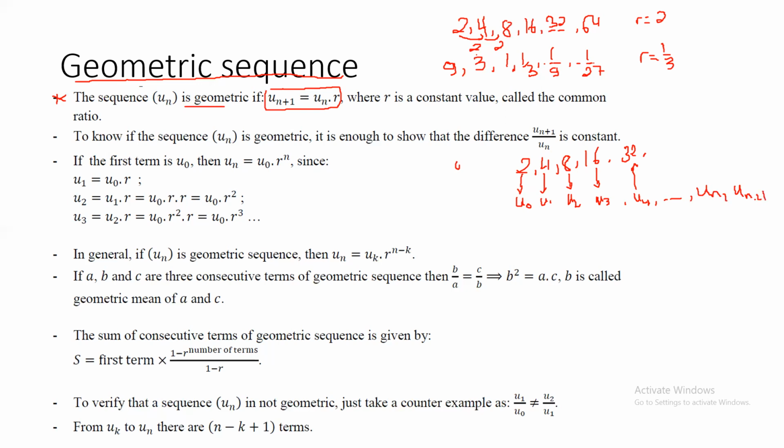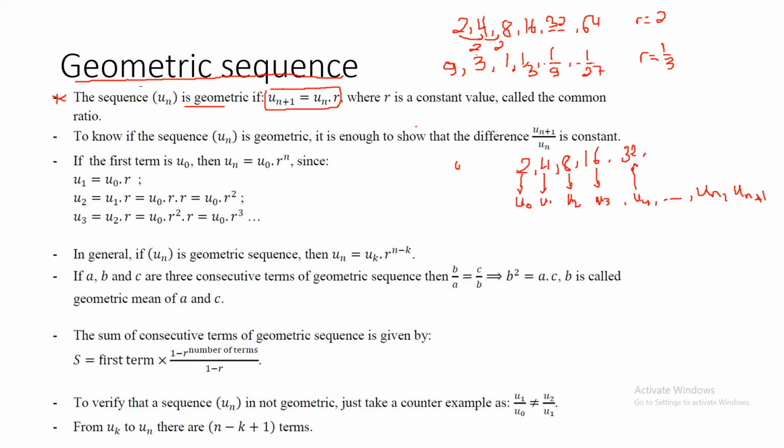So here U4 equals U3 times R. It means U1 equals U0 times R, U2 equals U1 times R, U3 equals U2 times R, U4 equals U3 times R, U5 equals U4 times R, U100 equals U99 times R, UN plus 1 equals UN times R. You get the idea?